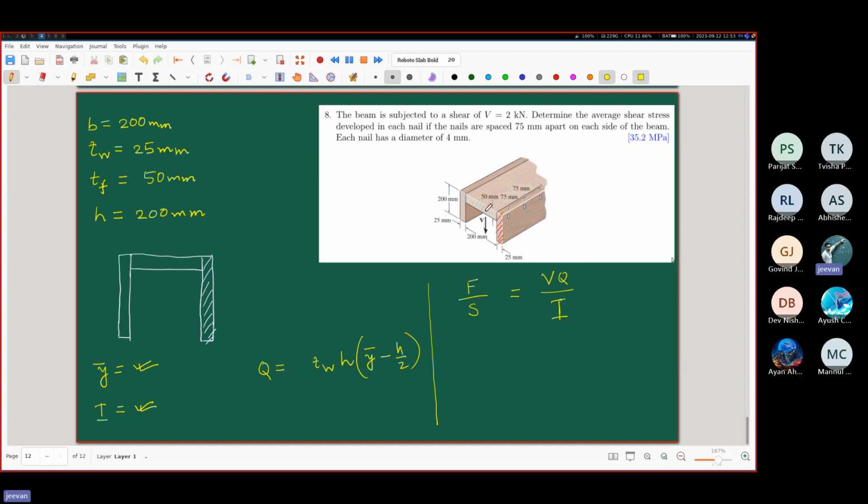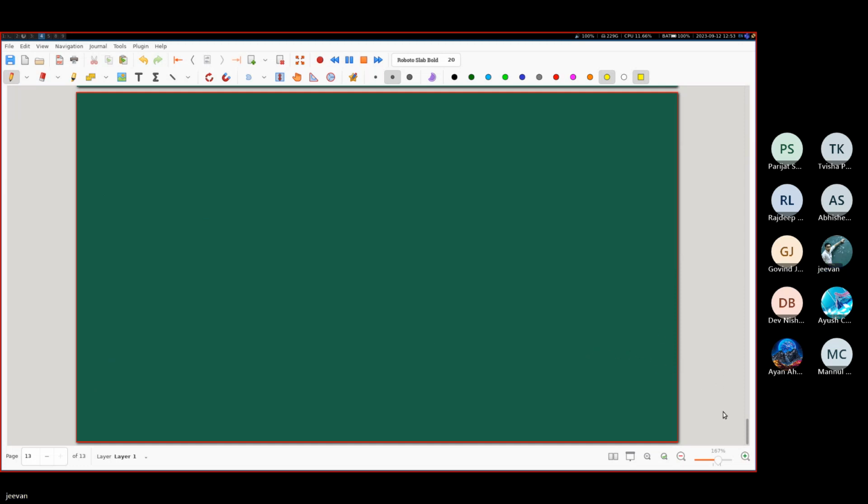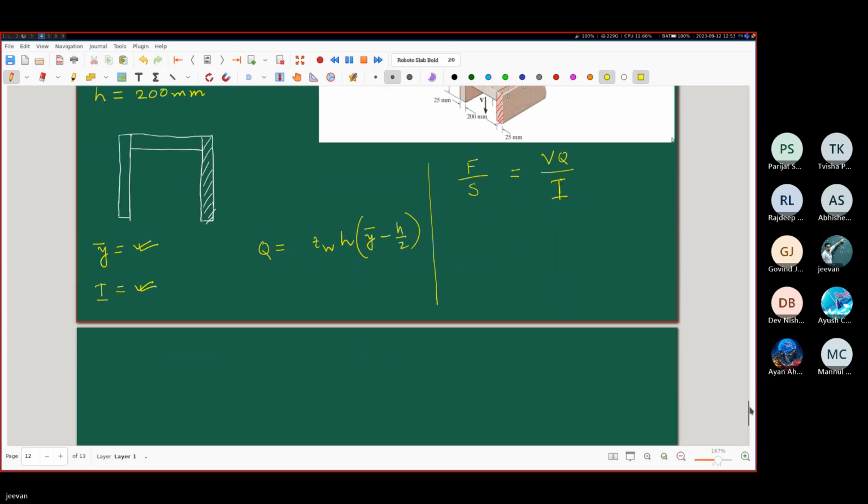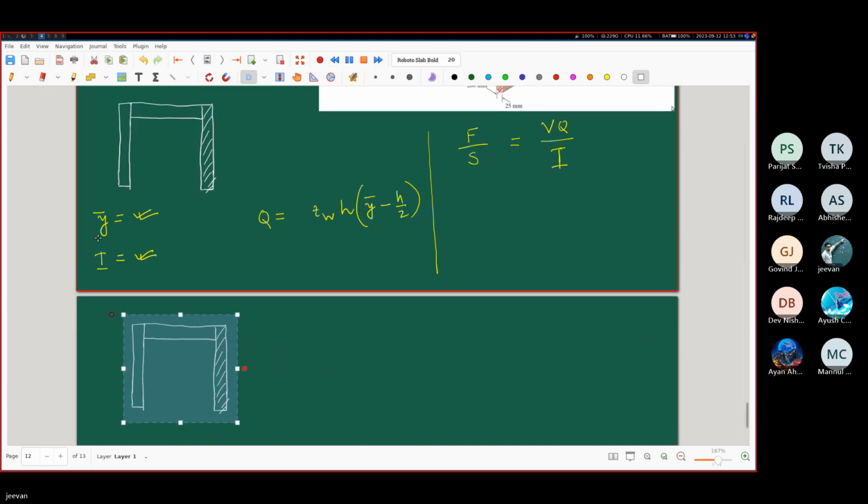Because if you take the horizontal board for your Q, then what will be the corresponding formula for this? Tell me.